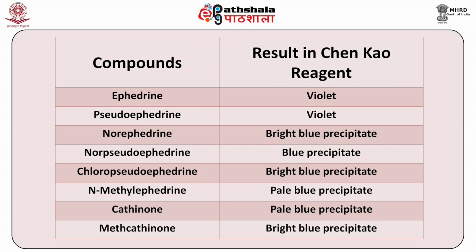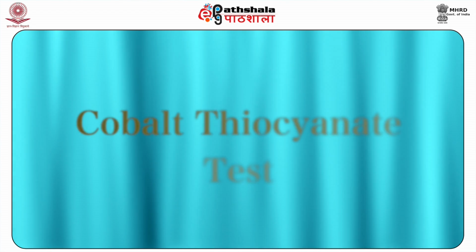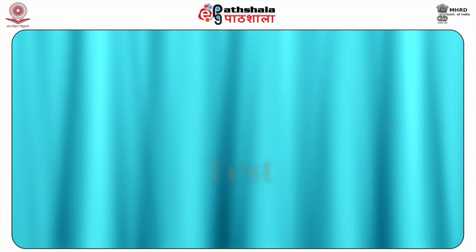In case of chloropseudoephedrine, bright blue precipitate is obtained. N-methylephedrine, pale blue precipitate. Cathinone, pale blue precipitate. Methcathinone, bright blue precipitate. Next is the cobalt thiocyanate test.